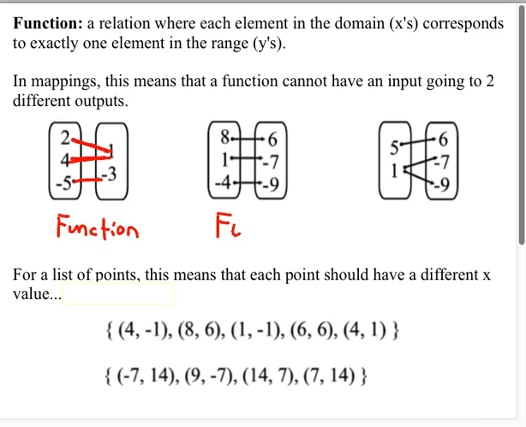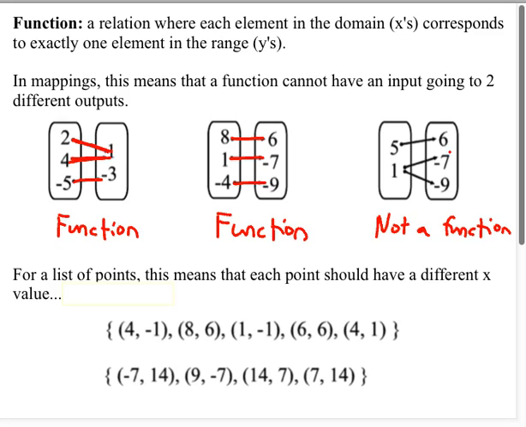This one is also a function. 8 goes to 6, 1 goes to -7, -4 goes to -9. That one also works. That is a function. So where does it fall apart? Because this one is not a function. Why is this falling apart here?